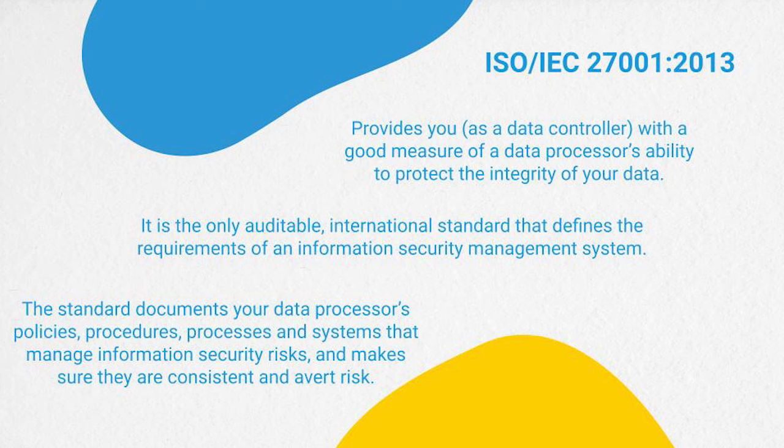The requirements set out in ISO IEC are generic and are intended to be applicable to all organizations, regardless of type, size, or nature. Given the standard scope and the fact that it requires ongoing auditing and certification, it provides you as a data controller with a really good measure of a processor's ability to protect the integrity of your data.